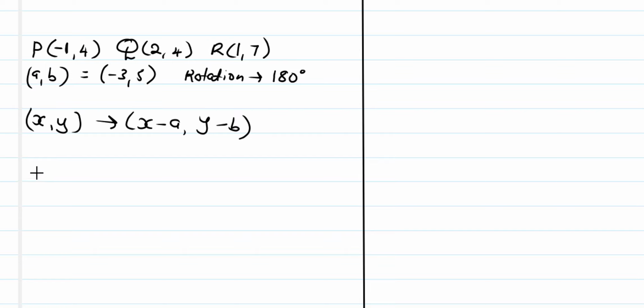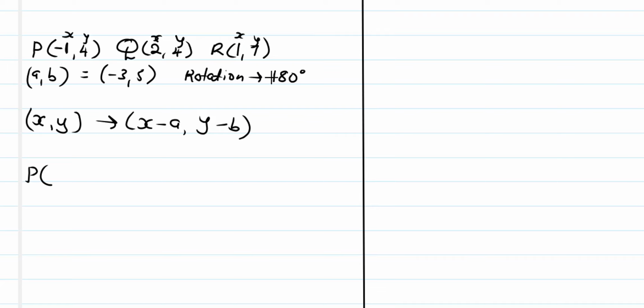So from there, our new P now will be, this is x for P, for Q, and for R, and this is y for P, y for Q, and y for R.